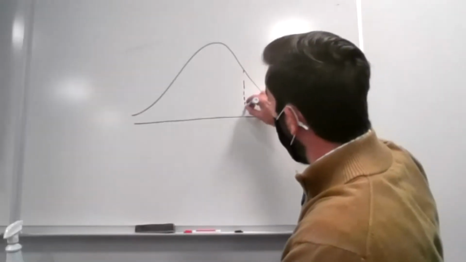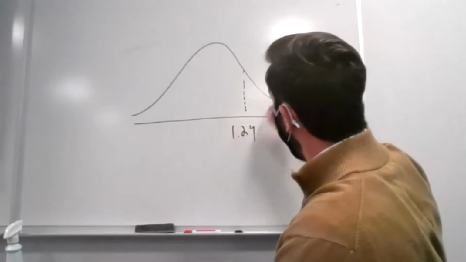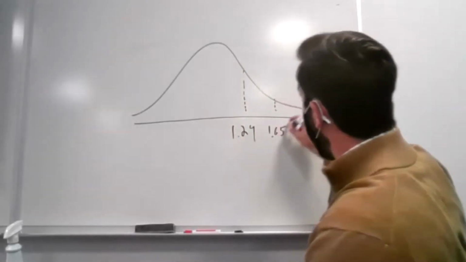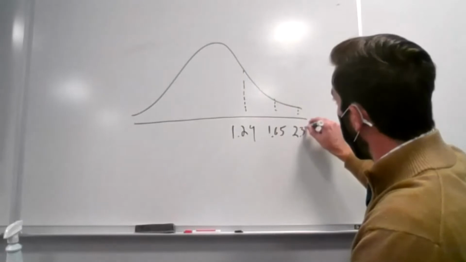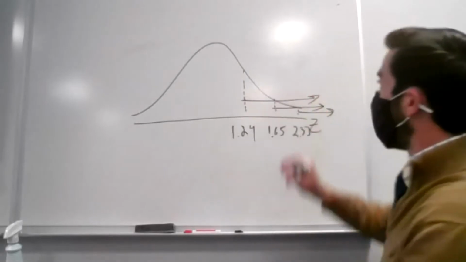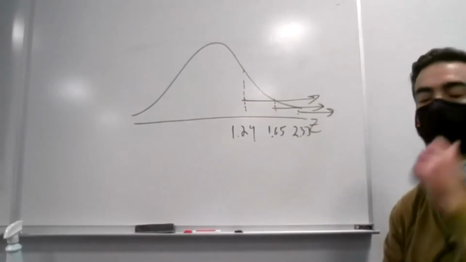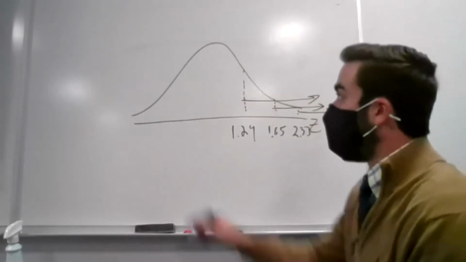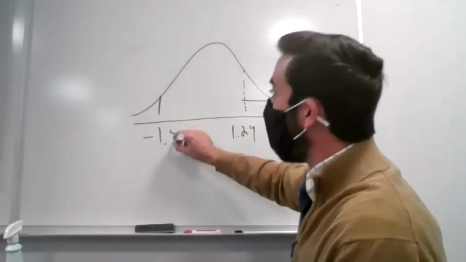My critical values were 1.29, 1.65, and 2.33. And I'll use these arrows to indicate my rejection region. I found a test statistic of negative 1.8.